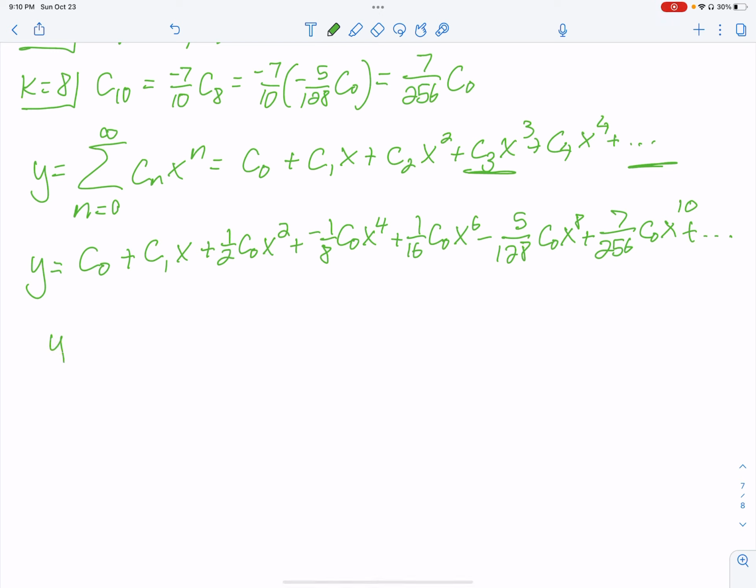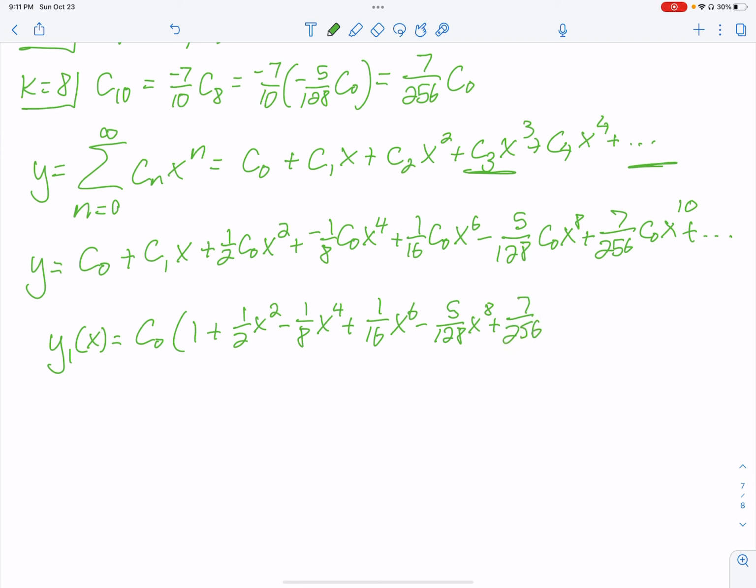Now I can actually get two solutions. Y1 of x, we'll call that the C naughts. So C naught times 1 plus 1/2 x squared minus 1/8, I always want to write my C's, but we factored it out, plus 1/16 x to the 6th minus 5 over 128 x to the 8th plus 7 over 256 x to the 10th plus dot dot dot.